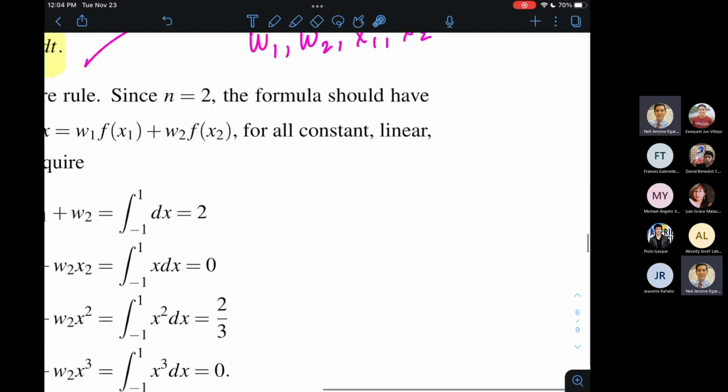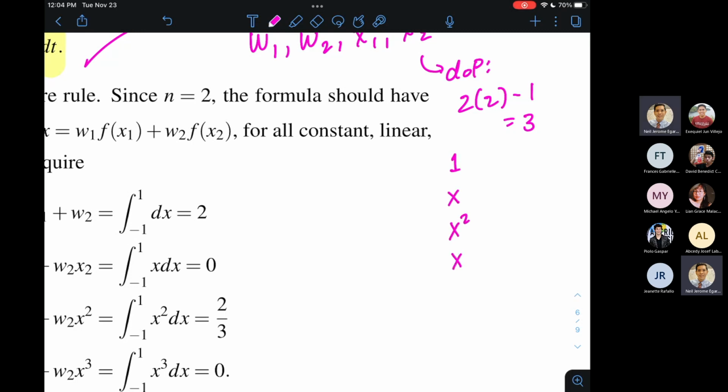Meron akong 2 points, so meron akong 4 na unknowns. Yung degree of precision ay magiging 2 times 2 minus 1, equal kay 3. So ibig sabihin, dapat kayang ibigay sa atin ng quadrature rule yung eksaktong integral ni 1, ni x, ni x squared, at saka ni x cubed over the interval -1 to 1.